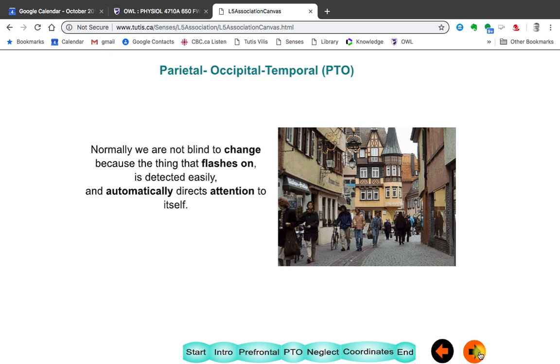Here you can see easily that it's where the event is happening. The bicycle is disappearing, and the reason you can easily see that is that just the flash of it draws your attention to it, and you register it.